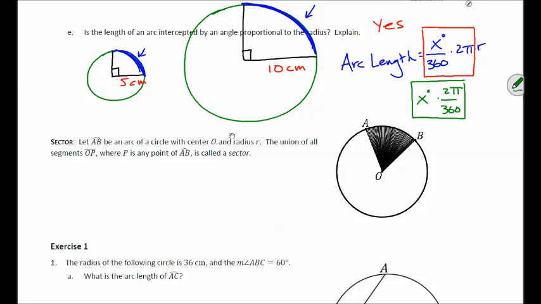Okay, this, by the way, is what's called the radian measure of an angle. Meaning, if you took any angle in degrees and multiplied it by 2 pi over 360, that would give you that same angle in radians. We've talked about radians, but we don't use radians.